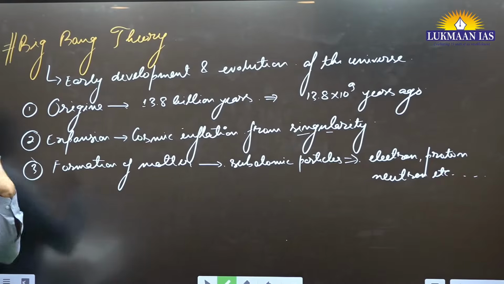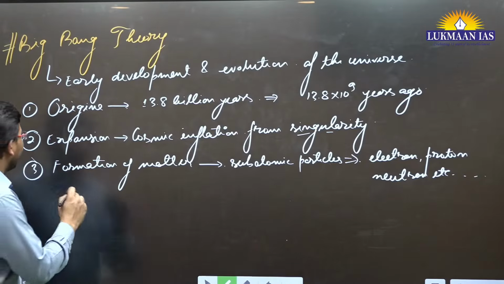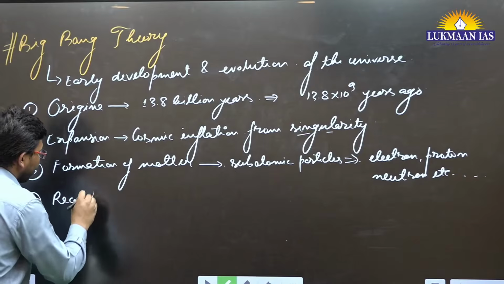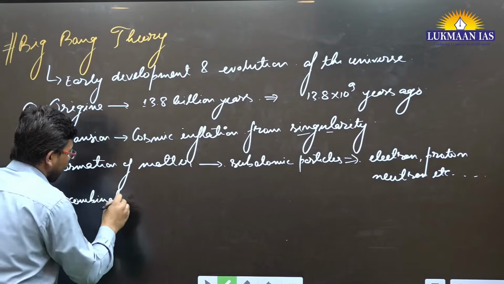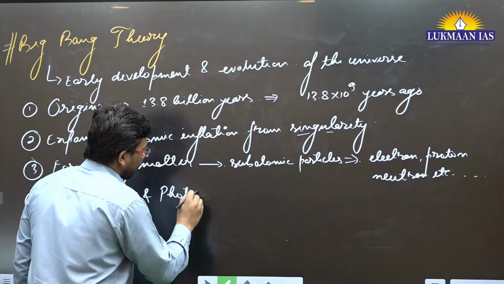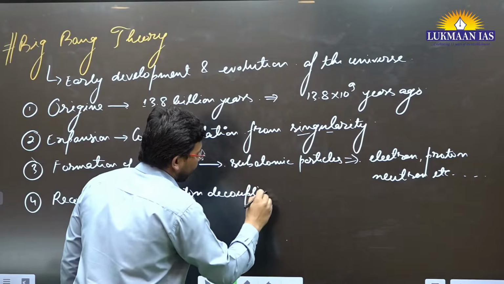After this came another phase, which is known as recombination and photon decoupling, okay? The fourth phase was recombination and photon decoupling.